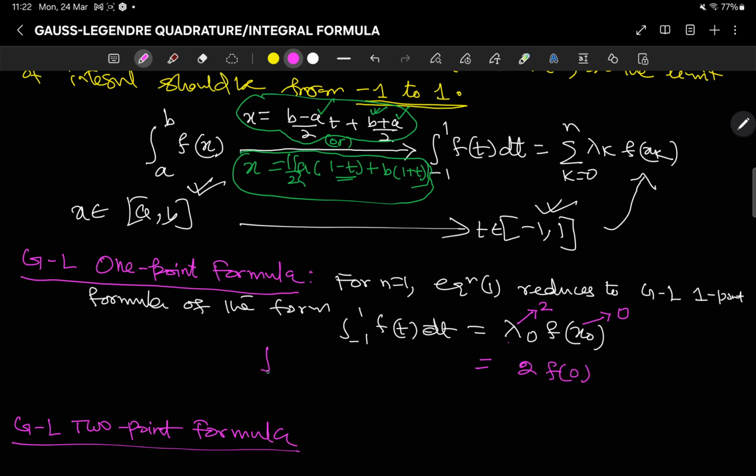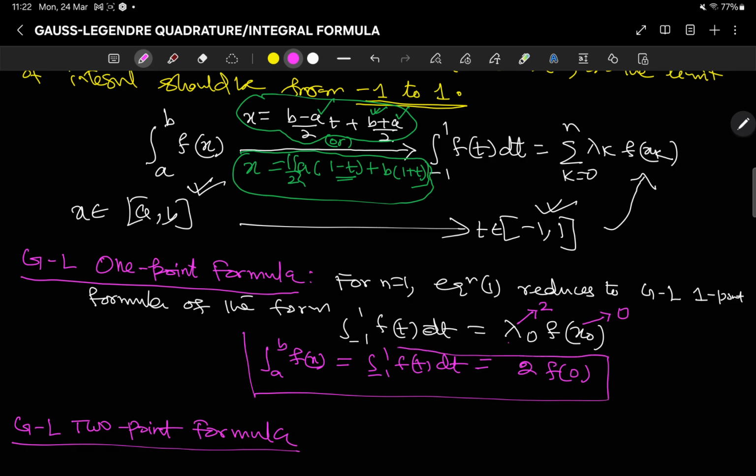So you have your integral a to b f(x) dx. First you convert it to minus 1 to 1 f(t) dt, then this formula is given by this. Okay, this formula is given by this.